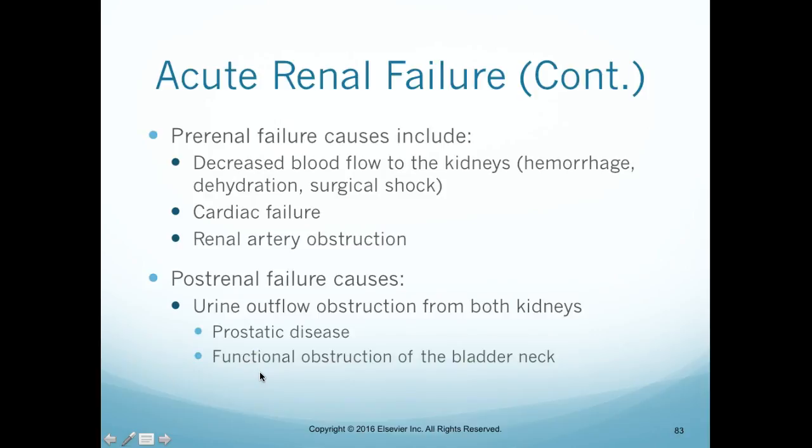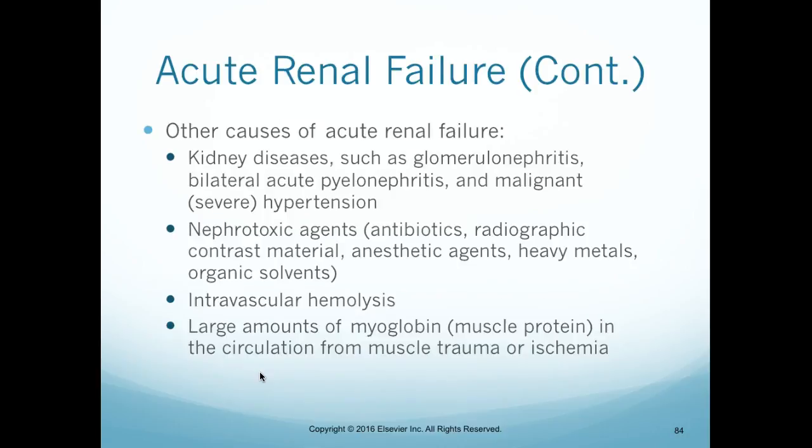Prerenal failure causes include decreased blood flow to the kidneys, so hemorrhage, dehydration, surgical shock, cardiac failure or renal artery obstruction, and postrenal failure causes urine outflow obstructions from the kidneys, so prostatic disease or functional obstruction of the bladder neck.